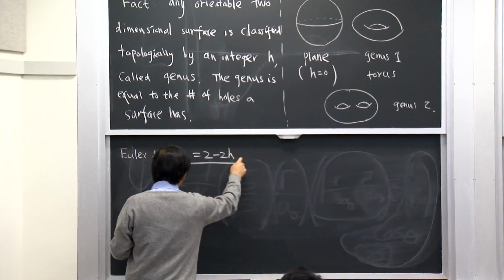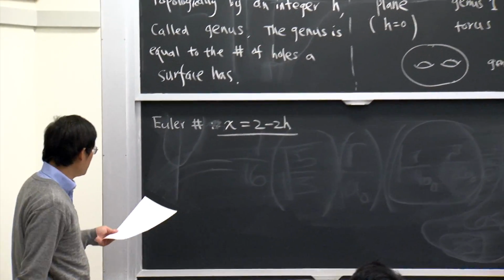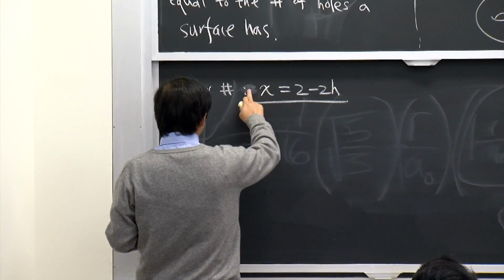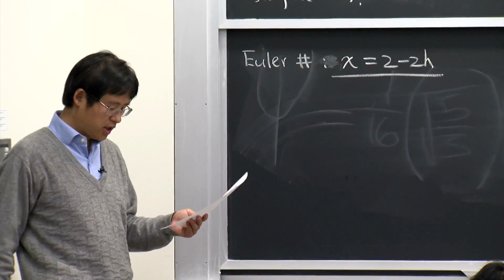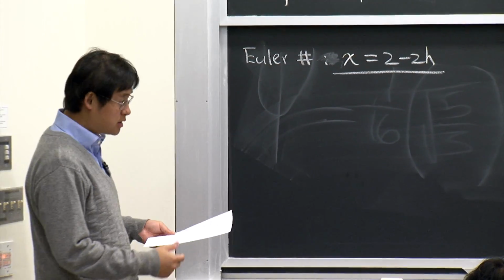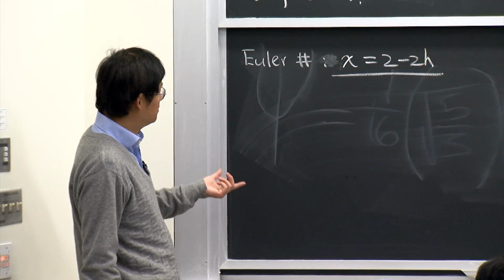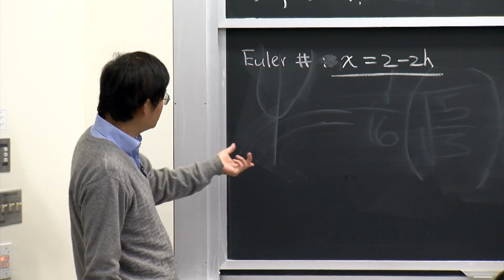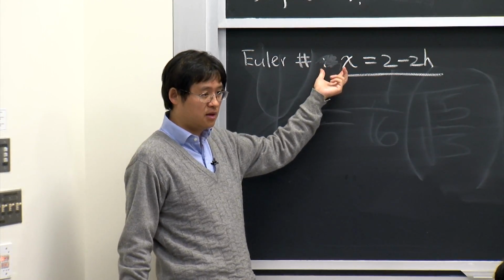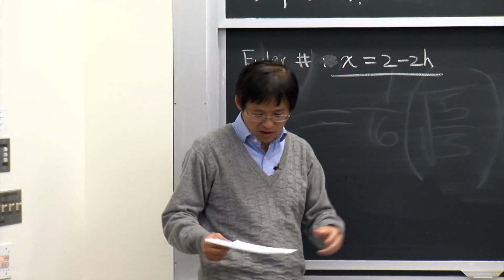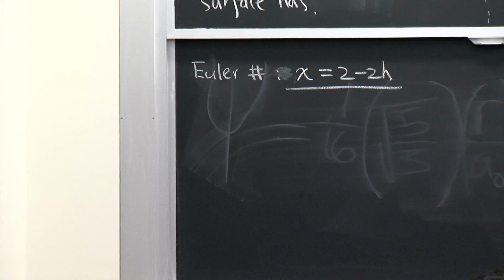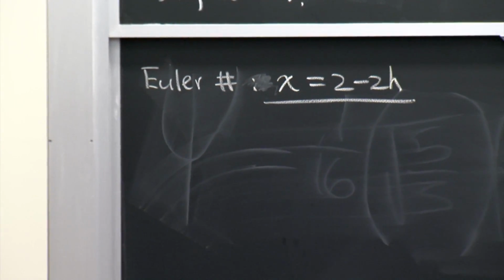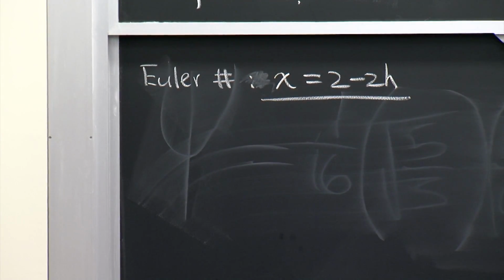So h labels the topology, and chi is related to h this way. Any two surfaces with the same topology will have the same h, so they will have the same chi. So chi is what we call the topological invariant. So this is just a mathematical fact.